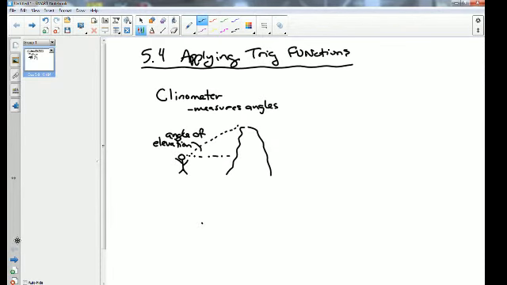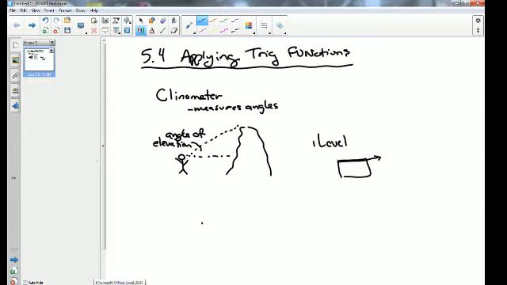There's an application, well, I've always used eye level. If you take your phone and look over the edge of it at an object, the angle degree measure will show up on there.